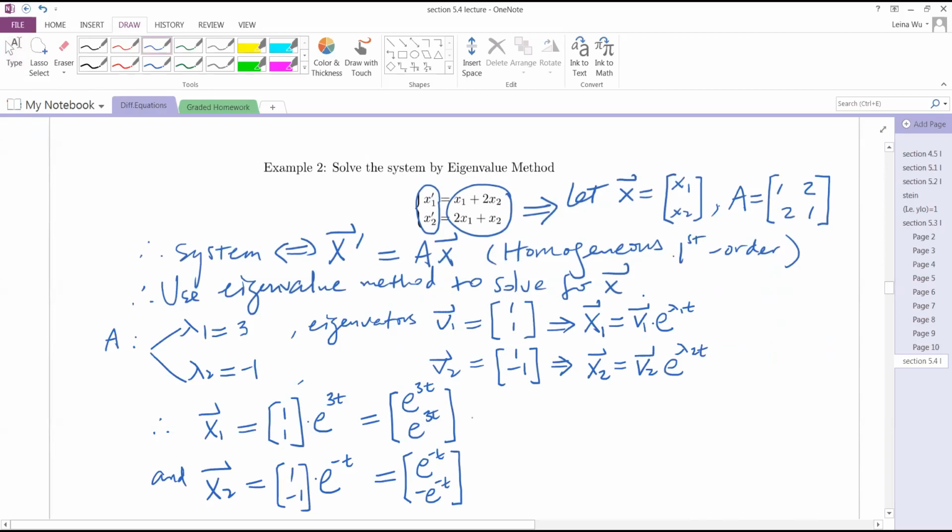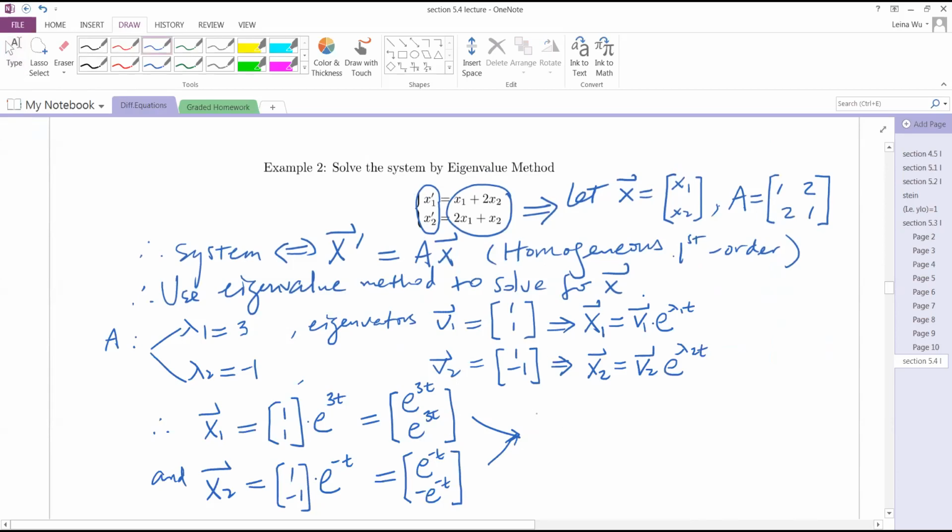So x1, x2 has been constructed. And what are these two? They are solutions. They themselves individually are a solution to the system.